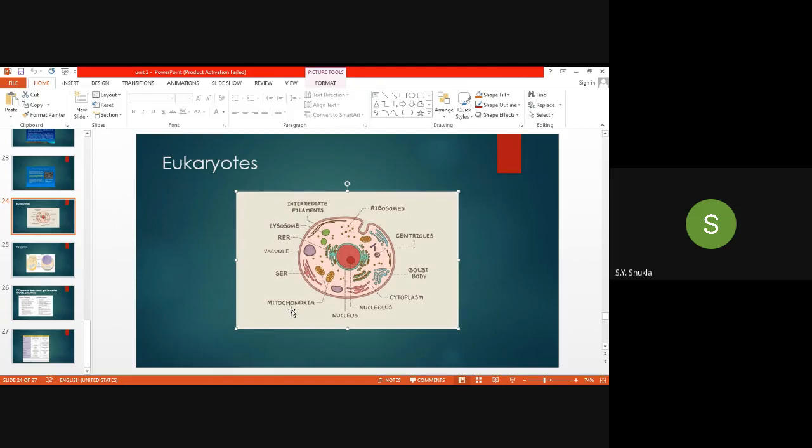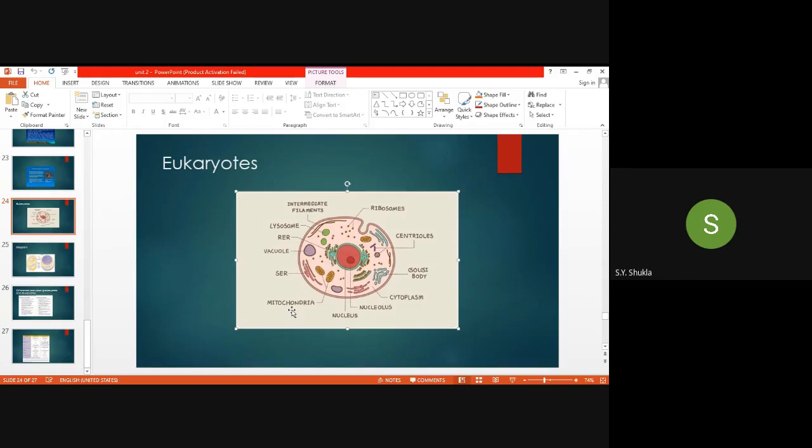And there are more functions of the mitochondria, like in the smooth endoplasmic reticulum, the fatty acid synthesis. Some fatty acids, I'm telling you that only some fatty acids are also synthesized in mitochondria.